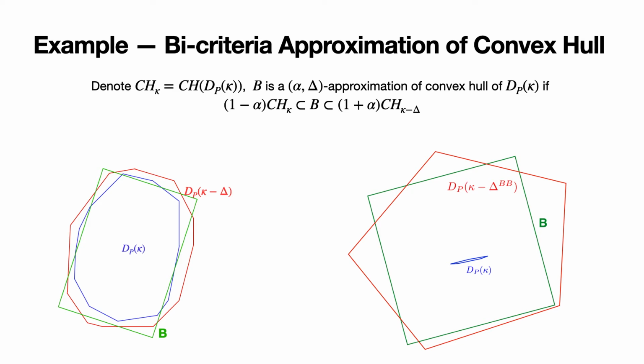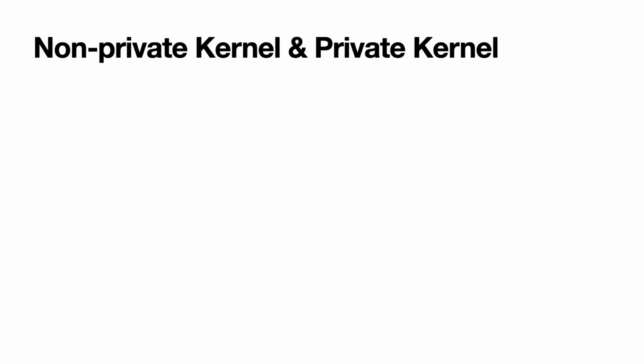Note that in our paper, we also do this bicriterial approximation for kernel. So, what does kernel mean?